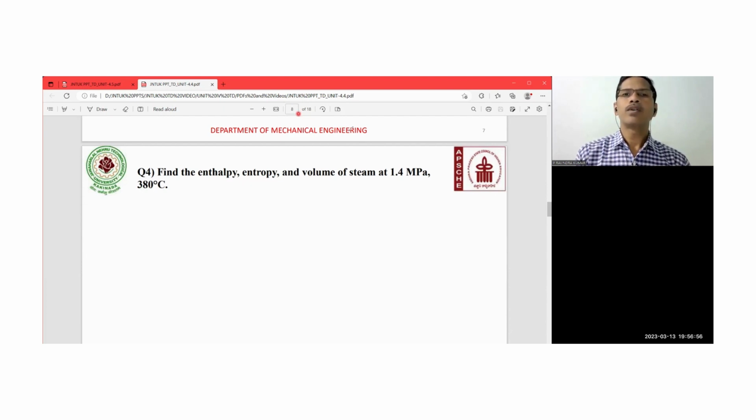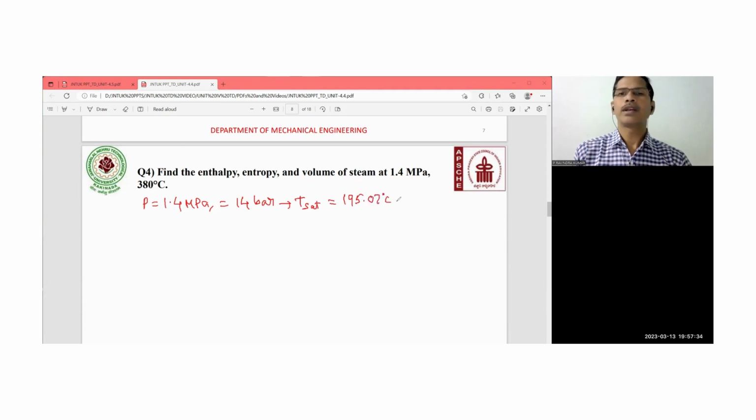When you open the steam tables, the pressure is given as 1.4 megapascal, that is equal to 14 bar. Corresponding to this, the saturation temperature from the steam tables is 195.07 degree centigrade.